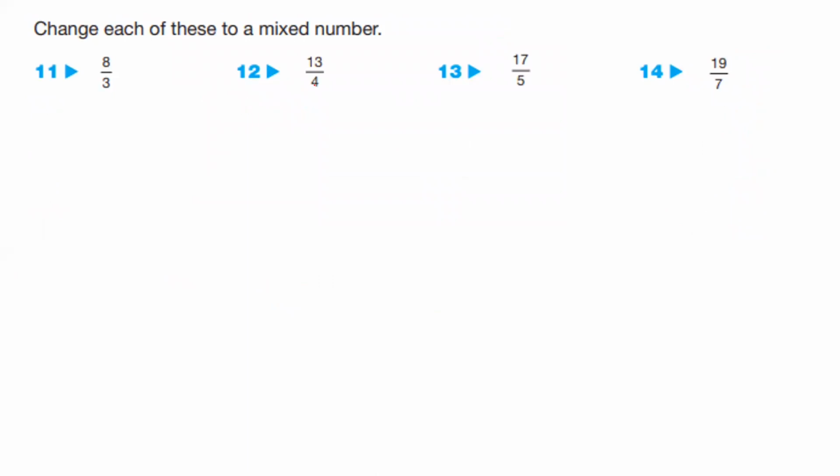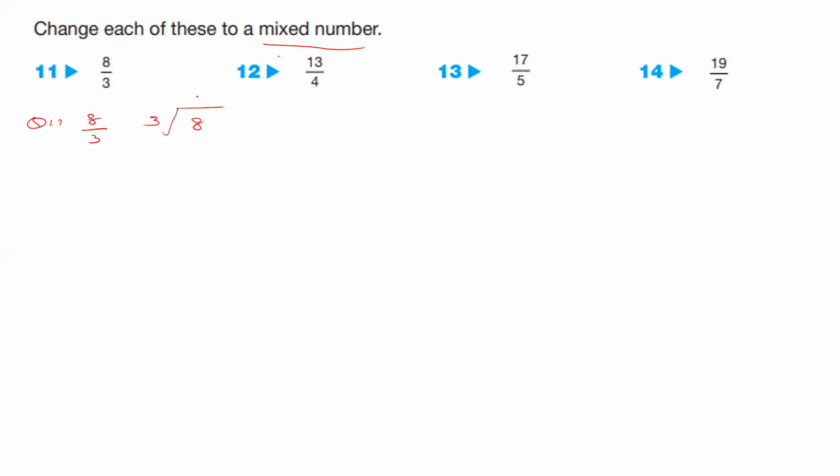Again, this question is about mixed numbers. We have to convert the given improper fractions into mixed numbers. So question 11 is 8 upon 3. We put the division sign, and put 8 inside as a dividend and 3 as divisor.